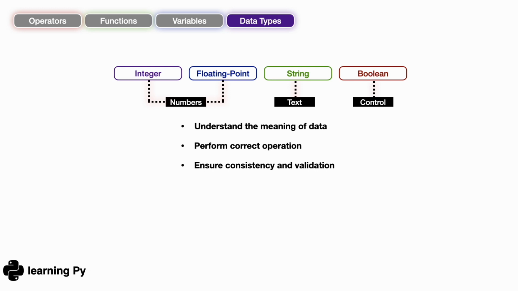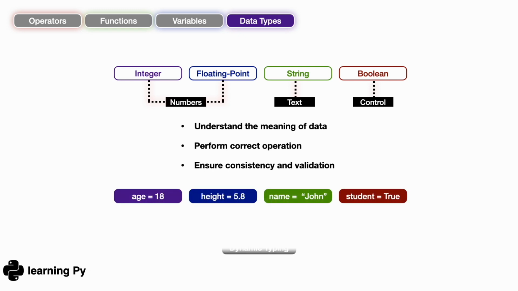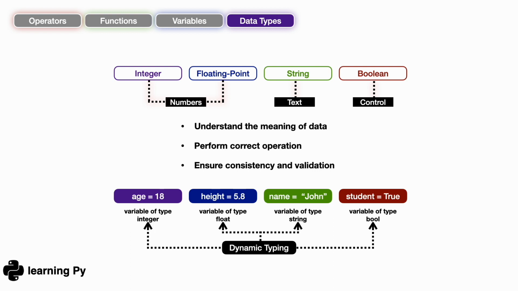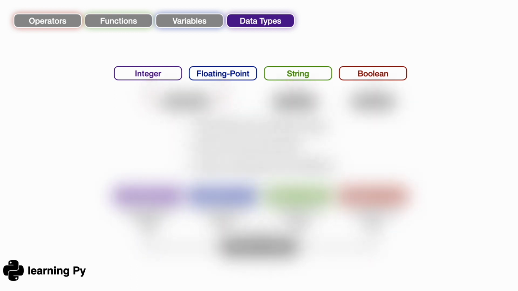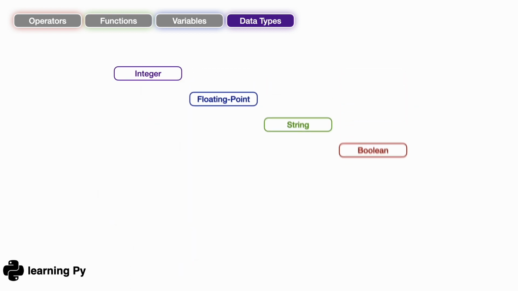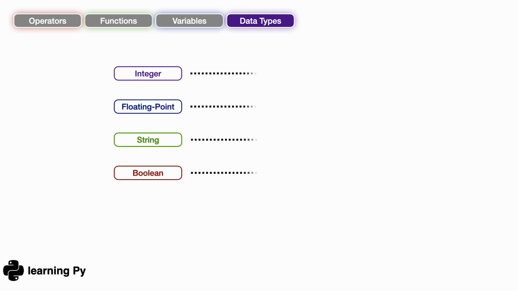Let's say we are declaring 4 variables: age, height, name, and student. The dynamic typing feature of the Python interpreter will figure out the data type of each variable based on the data we have provided. Python does provide us a function for each of the respective data types, which we can use to carry out certain operations, like converting between different data types. For example, we can convert a string to an integer.